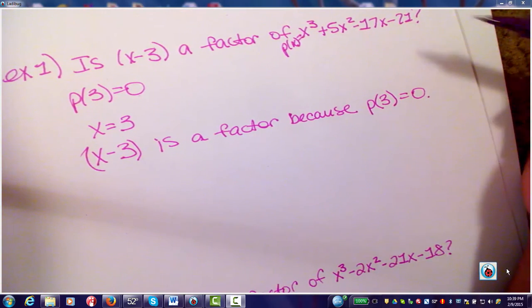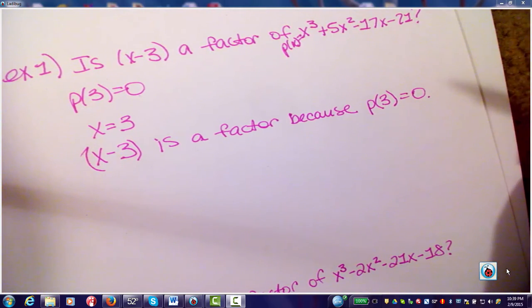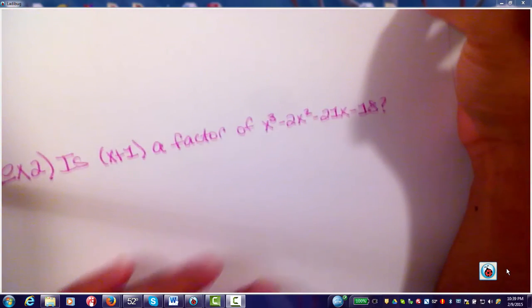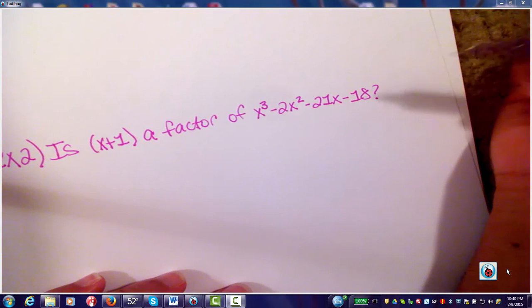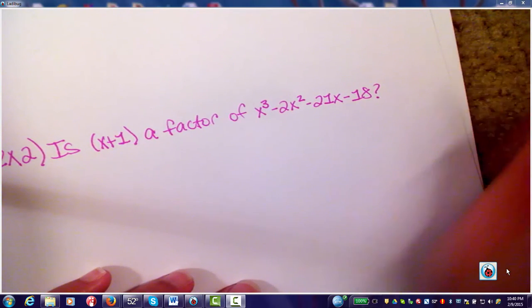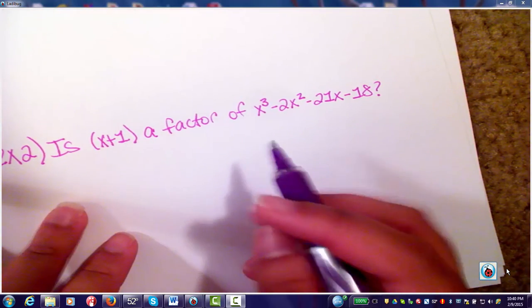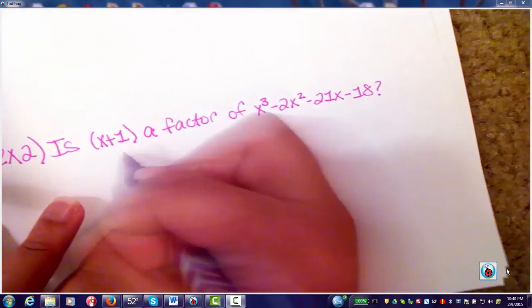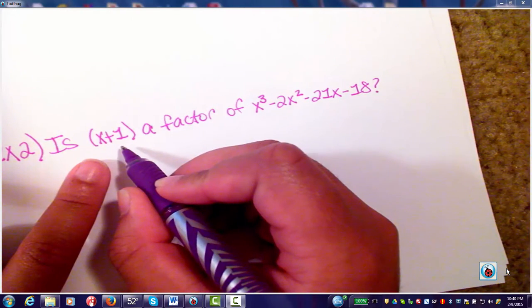So let's take a look at another one. So let's look at the second one. Is x plus 1 a factor of x cubed minus 2x squared minus 21x minus 18? So first, we want to apply the remainder theorem. So we want to evaluate this function at -1.